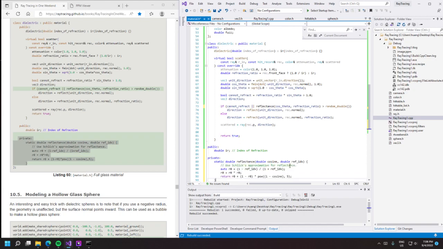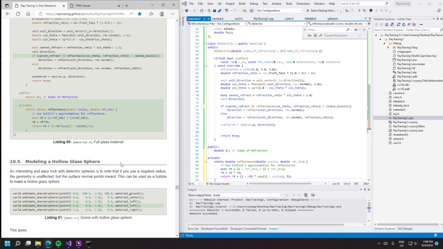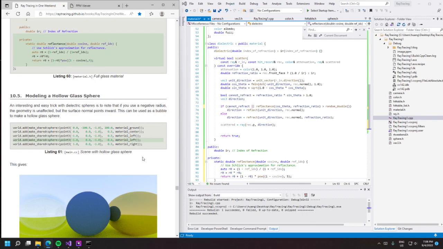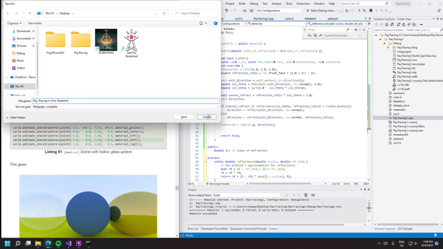What is our reflectance doing? It uses the Schlick's approximation for reflectance, which is some kind of polynomial to the power of 1 minus cosine. Yeah, I don't know what that is, but it's just some formula that we need to use here, I think.